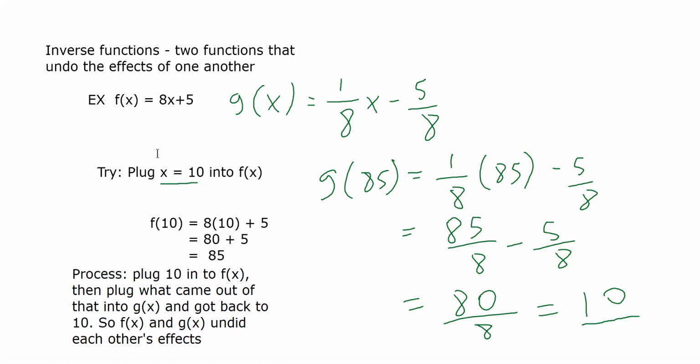Now that was only for one particular x value. Who knows if that's going to be true for every x value on the planet? That may not be the case. But it turns out that in general, it actually is. And so we're going to see that these two functions are inverses of each other, because one undoes the effects of the other.